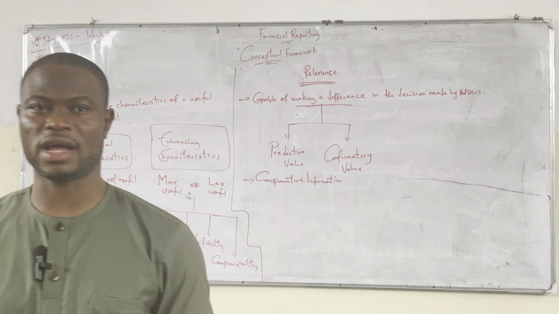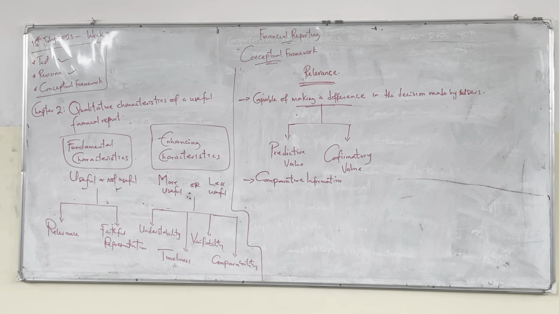And if you look at all financial reports today, if they are presenting financial report for 2023, you see that they will give us that of 2022, right? So what that does for us is that it gives us a trend. And when we can see a trend, we can predict into the future. So if in year one it makes 10 million, year two makes 12 million, we can say year three can make 60 million, right? So comparative information can help us achieve this.